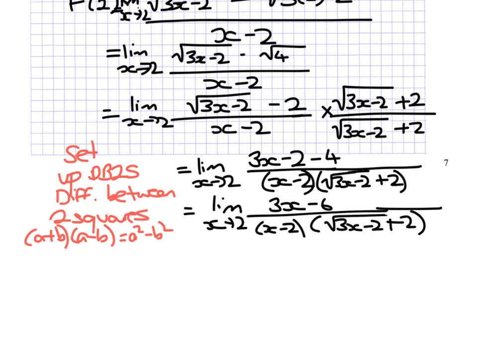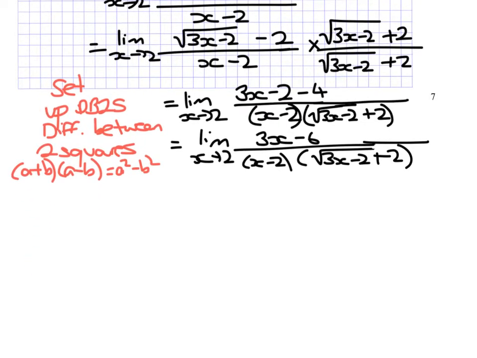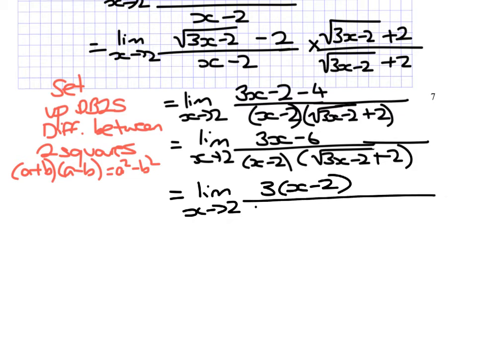And so what we're going to do then is factorize the top line, again very similar to the last one. So we go limit as x approaches 2 of 3 bracket x take 2 over x take 2 outside of bracket the square root of 3x take 2 plus 2.